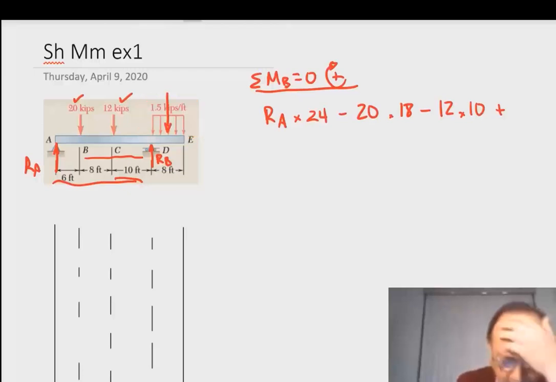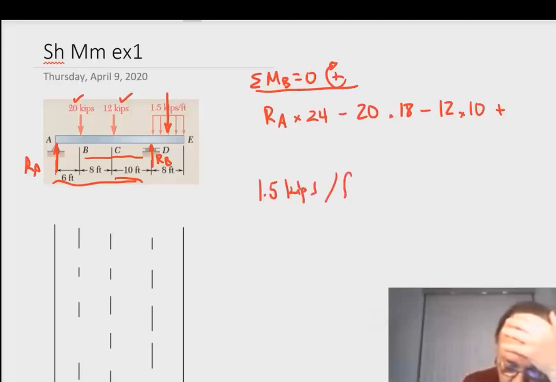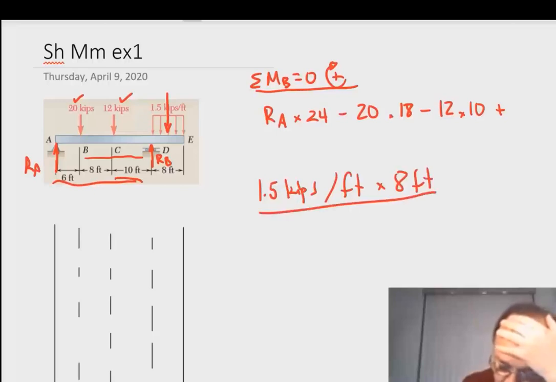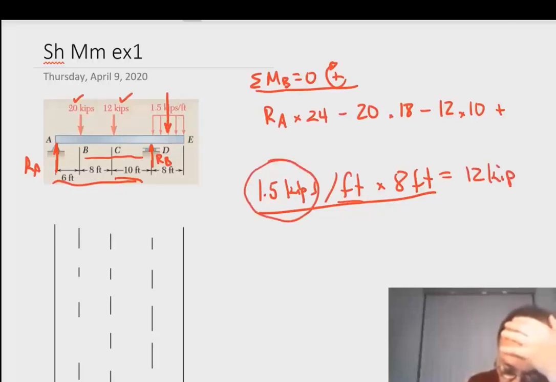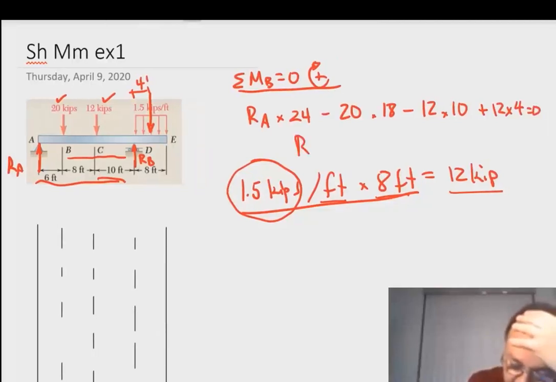The value of that load: if you have 1.5 kips per foot for 8 feet, then you have 12 kips. And you put it in the middle because it's a uniformly distributed load. So this distance will be 4 feet. So this will be 12 times 4 feet equals to 0. And that's how you get RA.